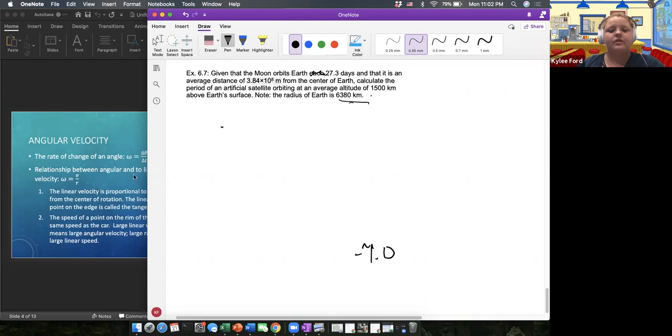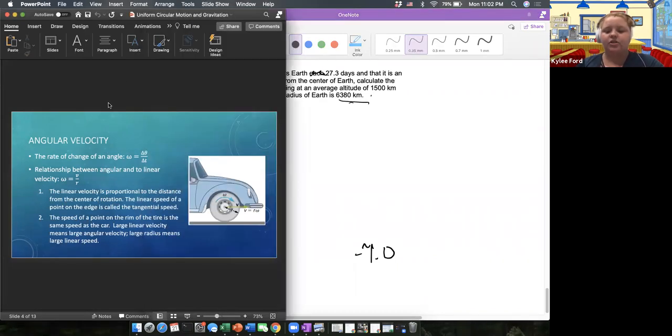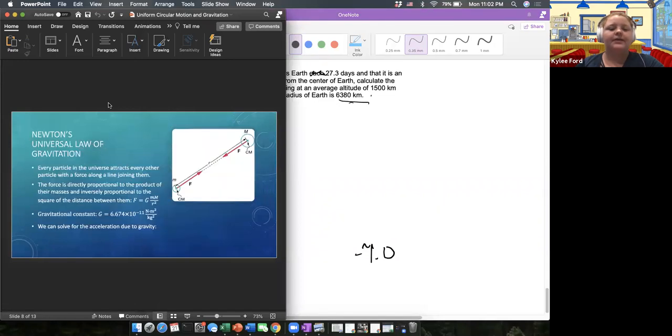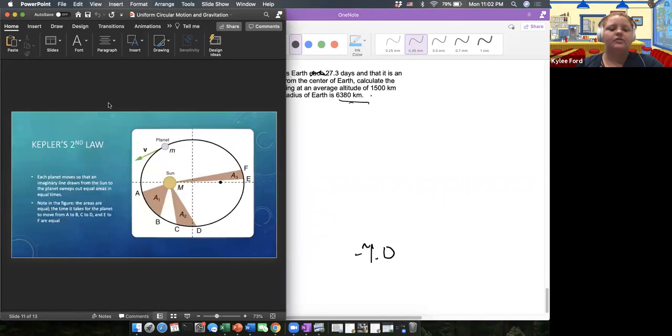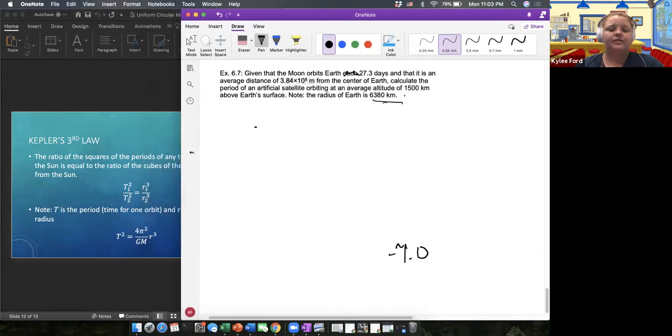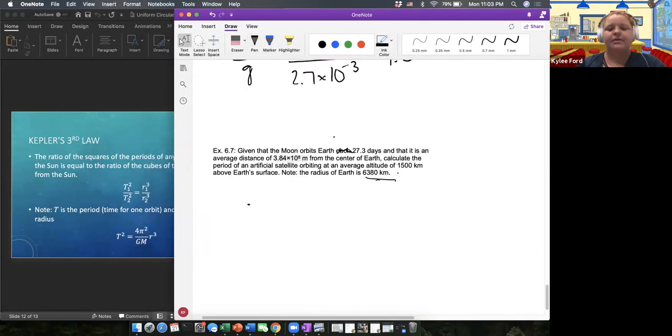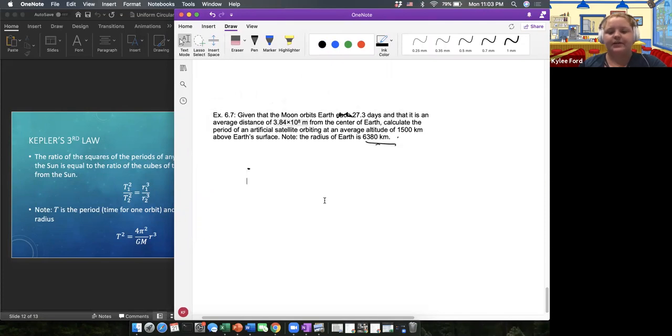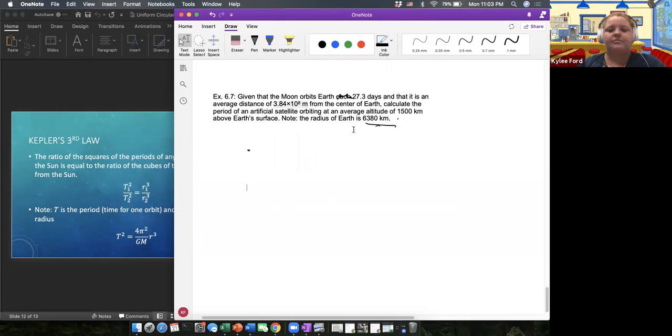Okay, so for this question, I am going to use Kepler's third law, because I'm comparing two things, and I am looking for a period given a different period of a different planet or orbit, another satellite.